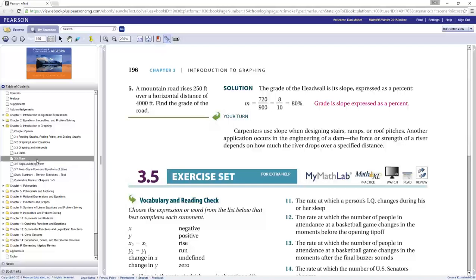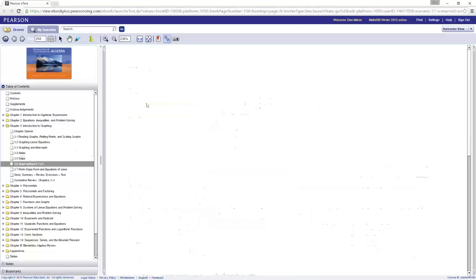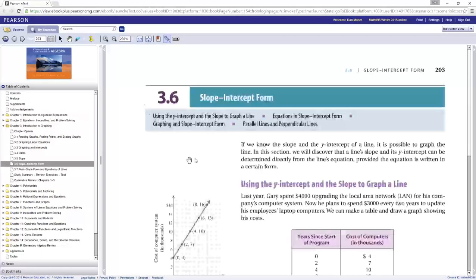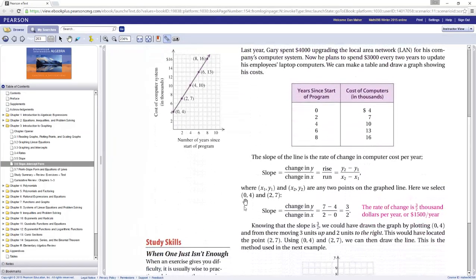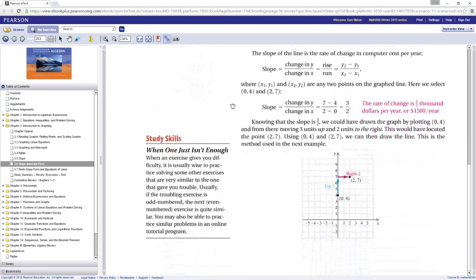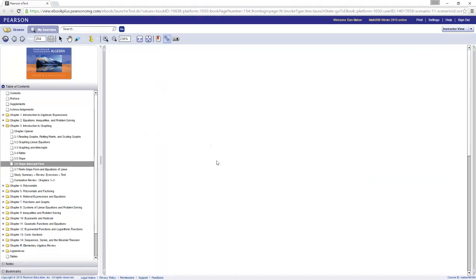So here we've got this tool, slope, and we have this thing called intercepts, right? And they're going to bring these things together into something called the slope-intercept form, and they're going to point out a pattern really that happens with equations. So they're going through the slope again, what that means.